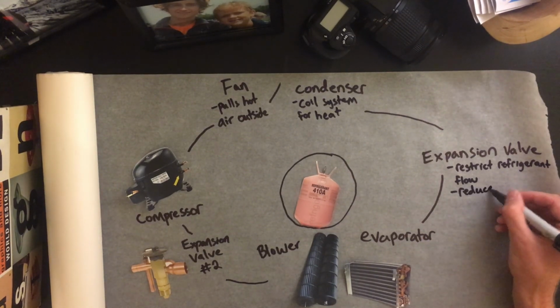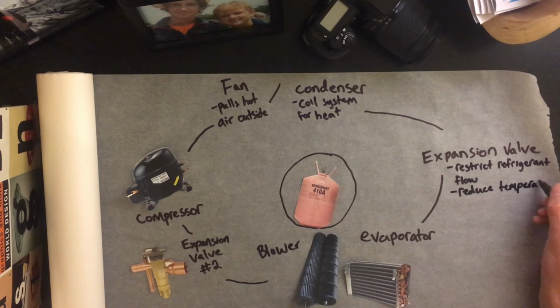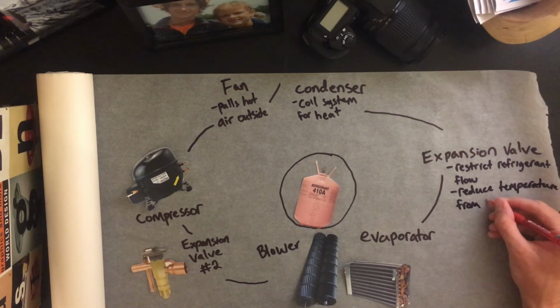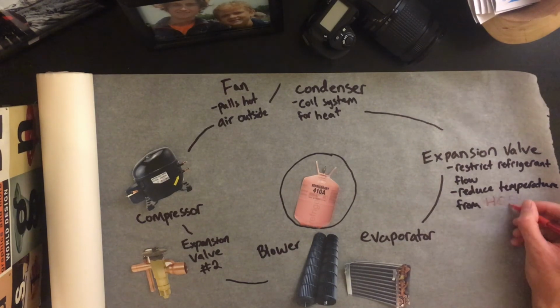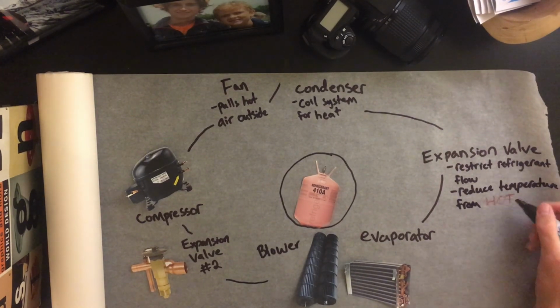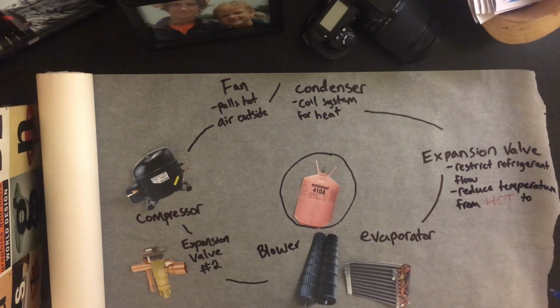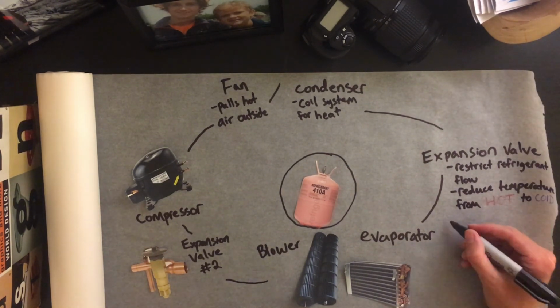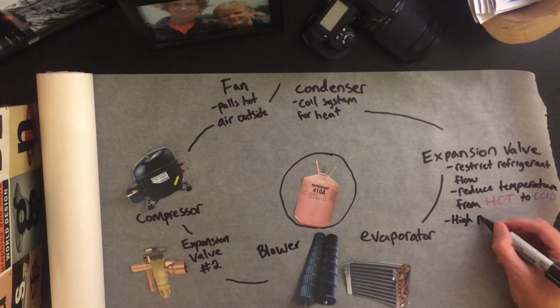By reducing the pressure of the refrigerant, the temperature changes from hot to cold. This part of the system is high pressure to low pressure.